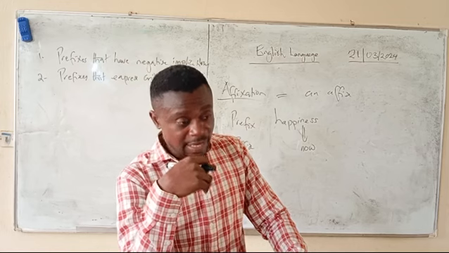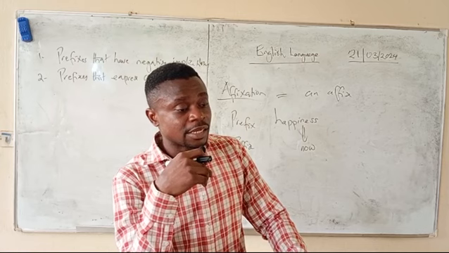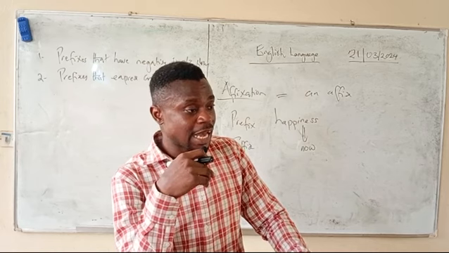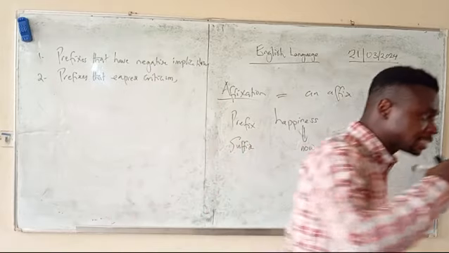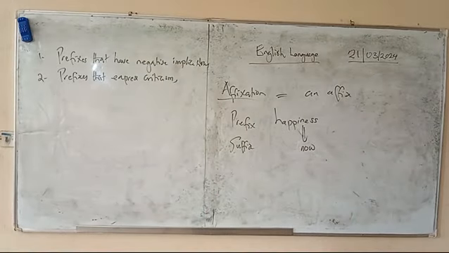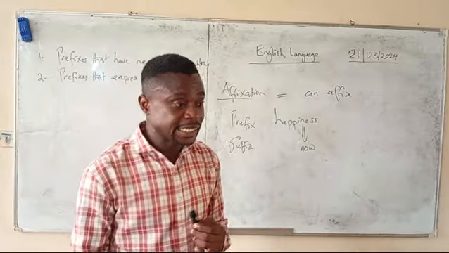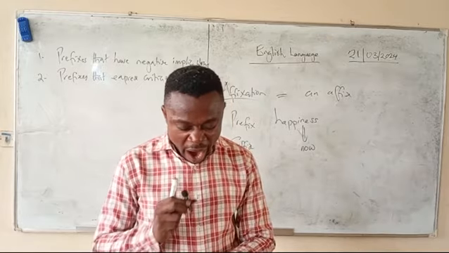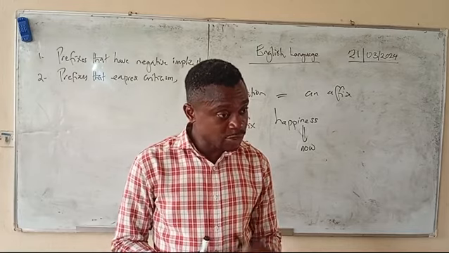Then we have a-, like apathy, apolitical. Just write a. Next one you have de-. Are we together?